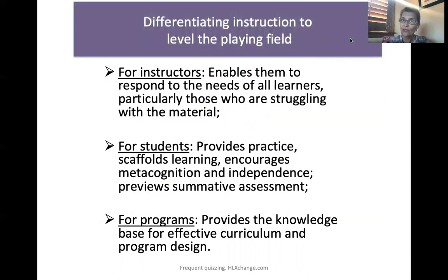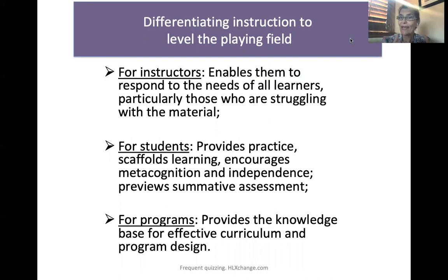For instructors, it gives them crucial information that will help them to respond to the needs of all learners, particularly those who are struggling. For students, it provides extensive practice and scaffolds learning a little bit at a time so that struggling students can catch up.